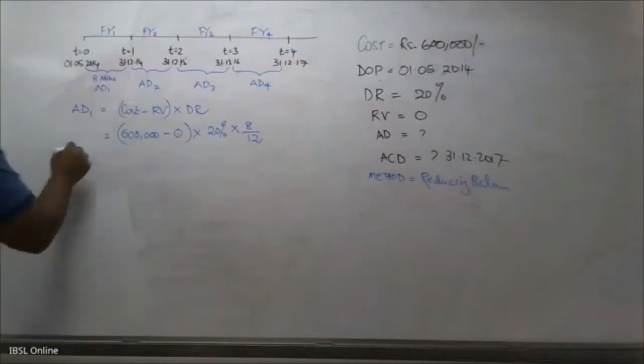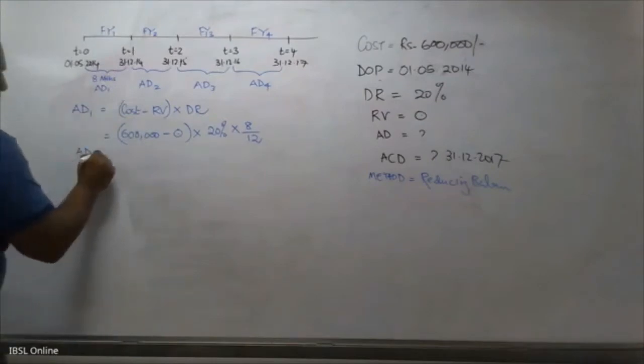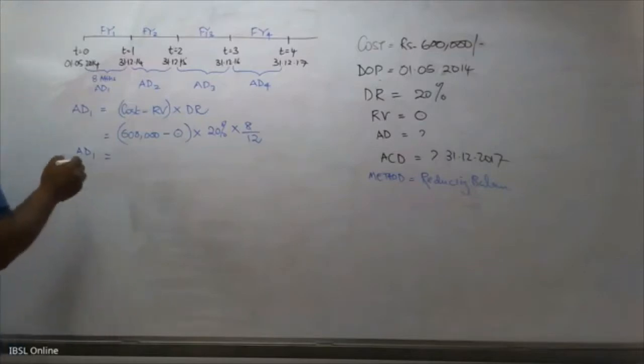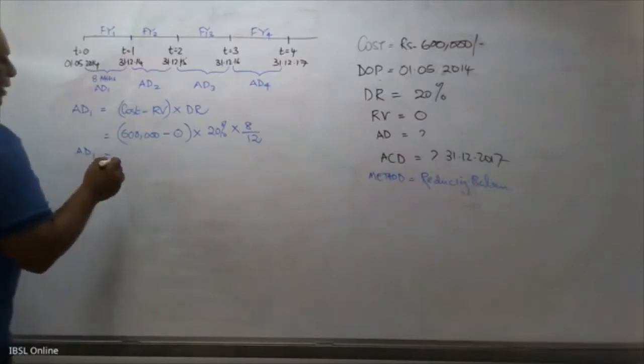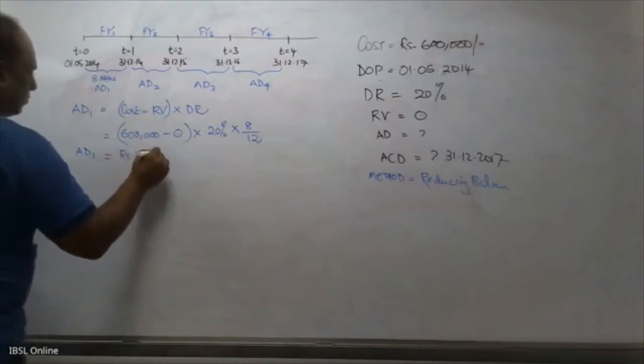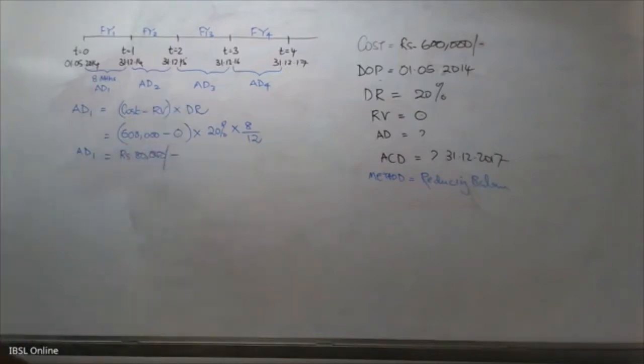So what is AD1? Can you quickly calculate? How much is it? So 80,000. Because we are talking about 5 years, so it is 120,000 and it will be 80,000 rupees. Do you understand?